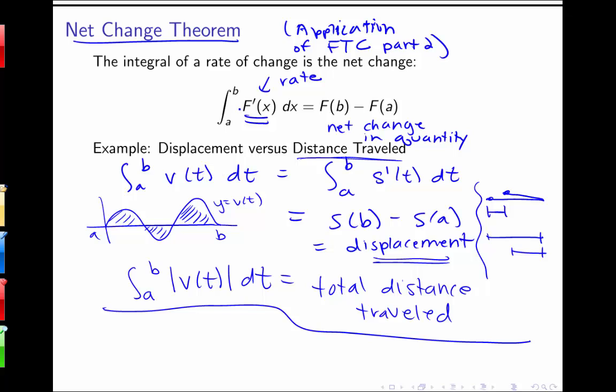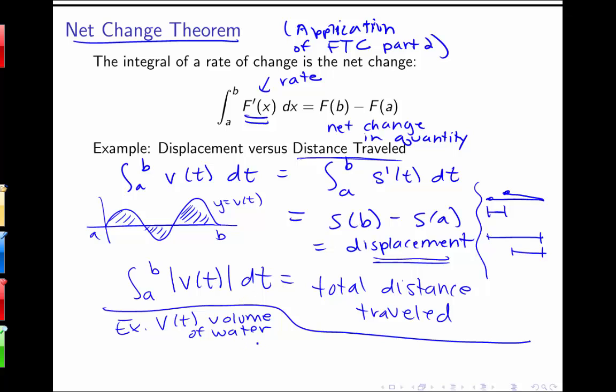But in general, we're often just interested in a net change. So a standard other kind of net change problem would be a situation where v of t represents a volume of water. We've seen a couple of questions that have dealt with a tank that was filling with water.